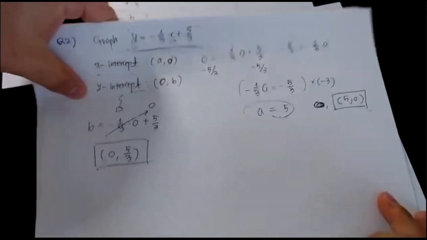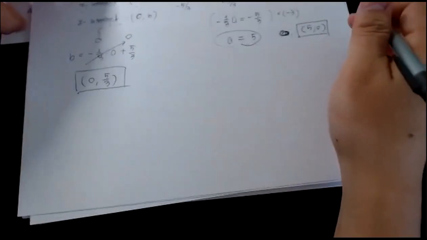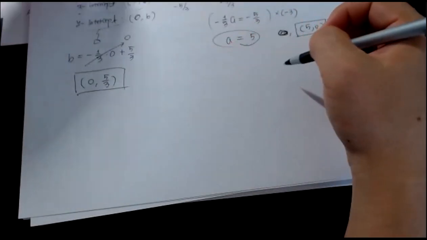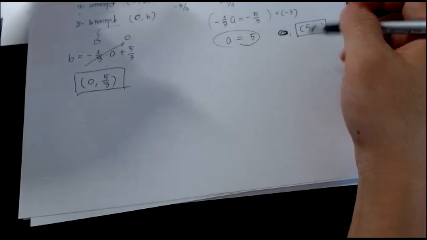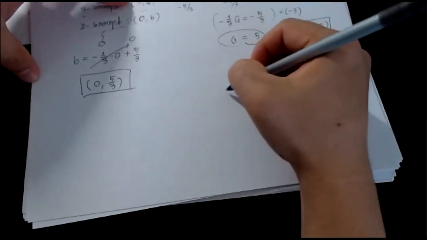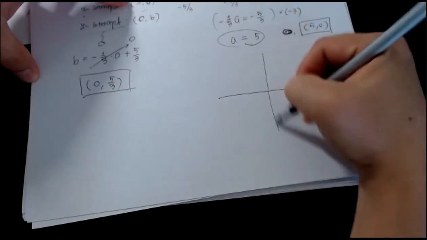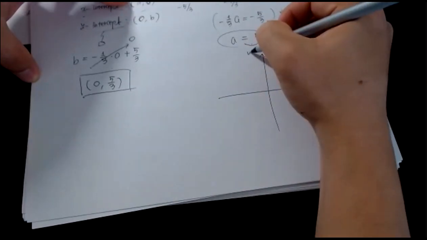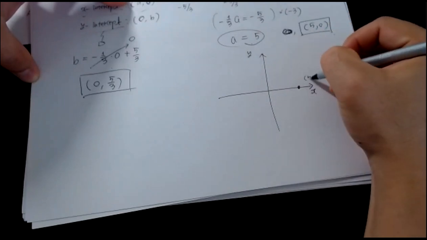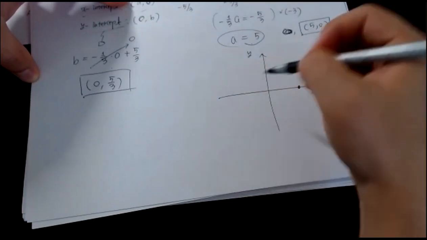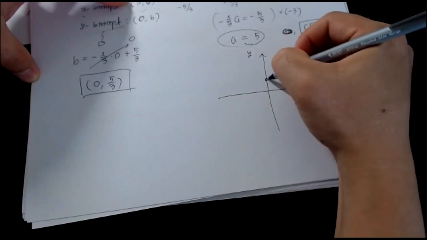Now first we draw the Cartesian coordinate system, or you can say rectangular coordinate system, or xy plane. It doesn't matter. So x-axis, y-axis. The 5 comma 0 is right there, and then 0 comma 5/3 is maybe right here.